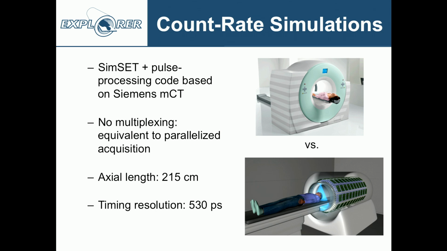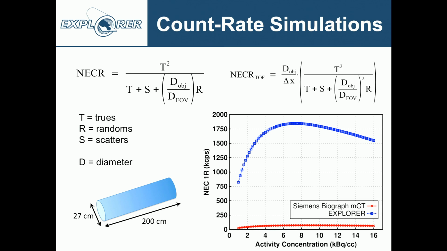And then we asked the question, if we extended that scanner using the same detectors, the same electronic architecture, to just over 2 meters long, what would be the performance? So we did Monte Carlo simulations using the Monte Carlo code SimSET. We also ran simulations in another package called GATE, just to confirm the findings.